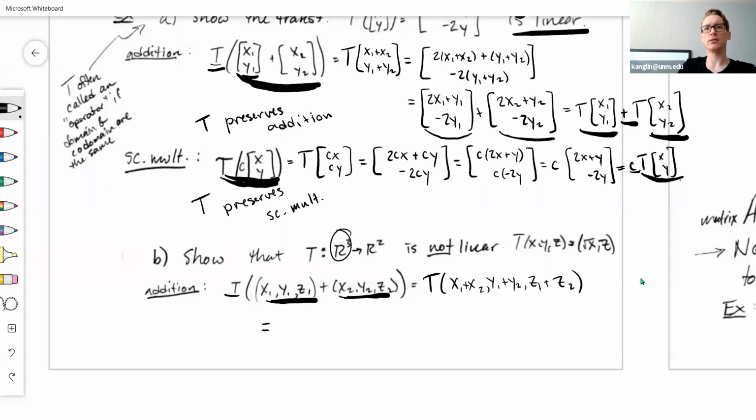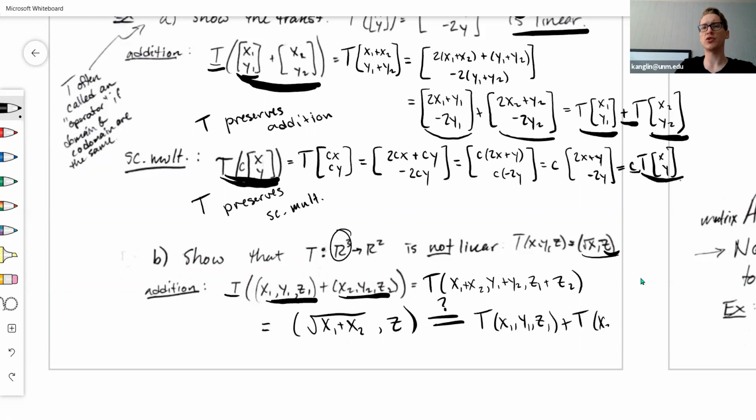Now, what is this? This is, according to our definition here, square root of what sits in the first component of the input, followed by what sits in the last component of the input. Now, is this equal to T of x1, y1, z1 plus T of x2, y2, z2?